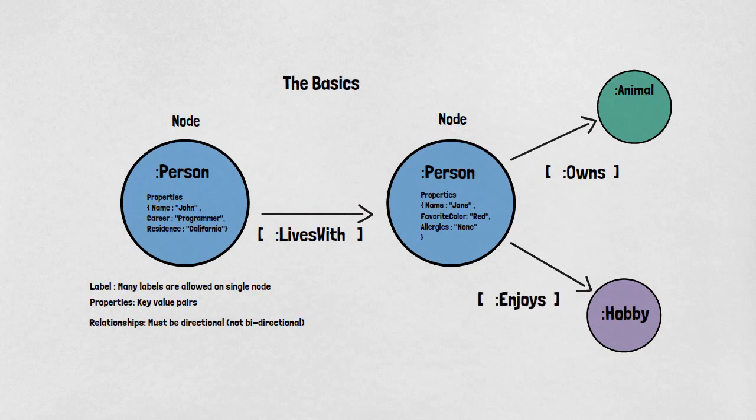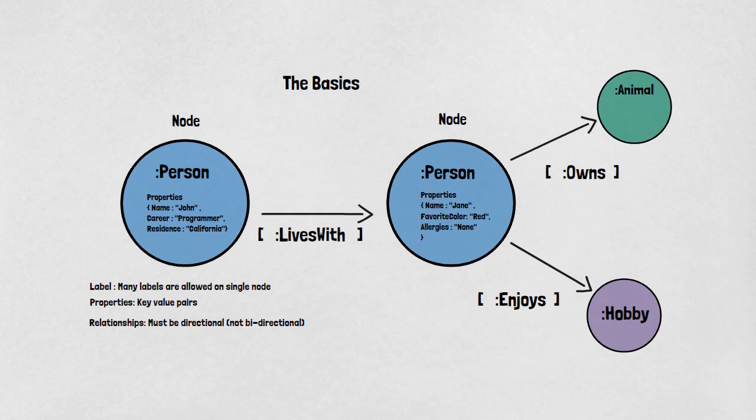All right, so you might be asking yourself, what makes Neo4j so different from other databases? Well, since the relationships between these entities are written to disk, you can perform much more complicated queries to understand deeper relationships between the entities themselves. In this case, within the John node, his residence is in California.